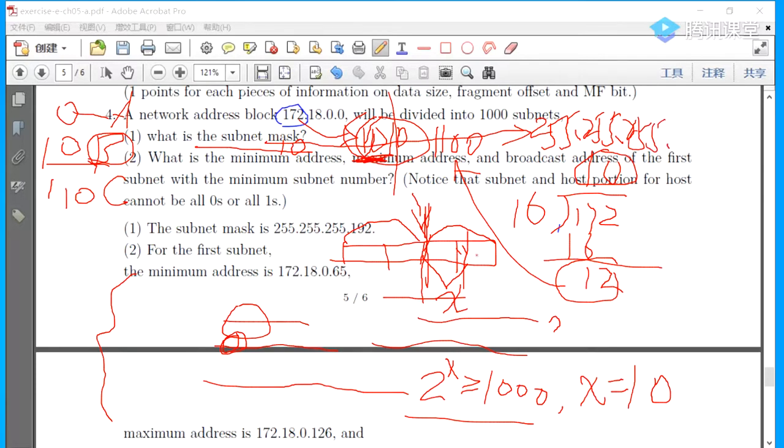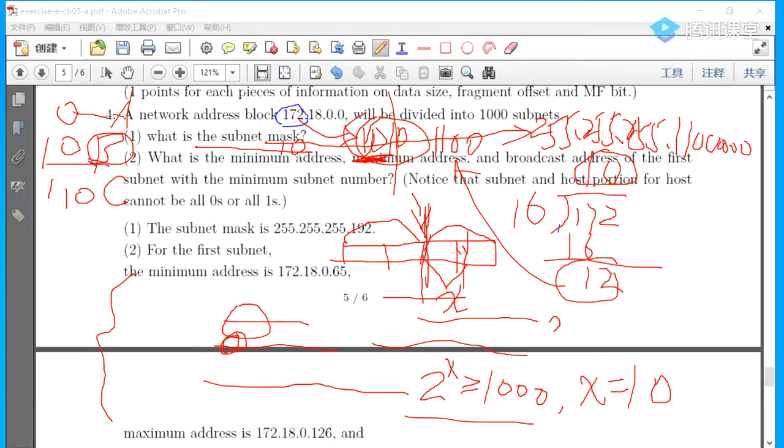The last byte in binary notation should be 11 followed by 6 zeros.